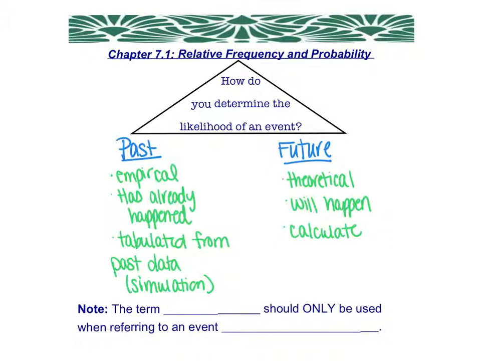So the big thing is these events in the future, when I calculate the likelihood that these events will happen, I'm calculating a probability. While for things that have already happened in the past that I have data for, I'm calculating relative frequencies.